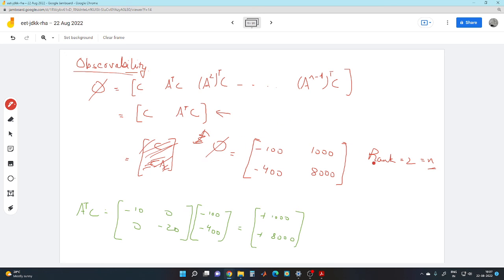When we find this observability matrix, the rank is again equal to 2, which is the same as the order of the system, and therefore the system is observable as well.